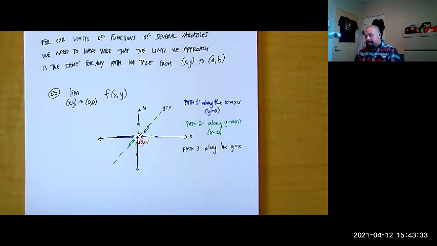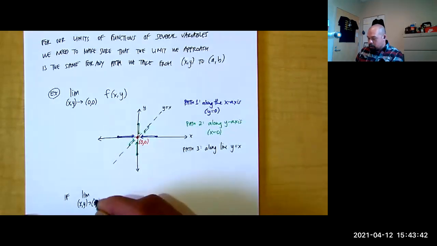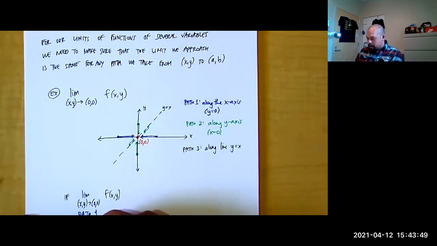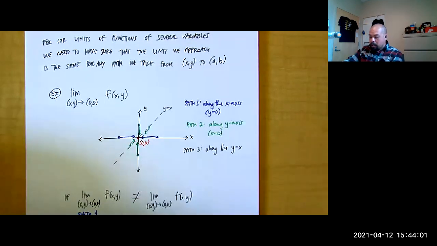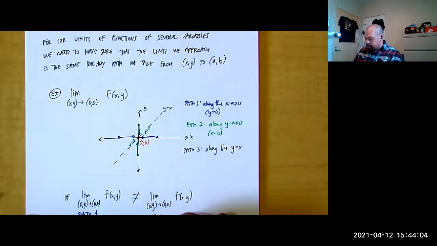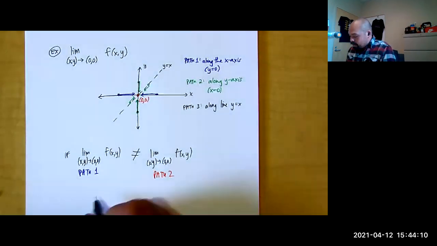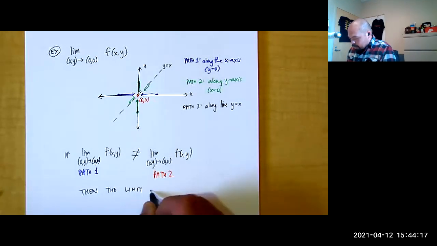So in this case, the comment is that if the limit as xy approaches 0, 0 for a function along path 1 doesn't equal the limit as xy approaches 0, 0 for the function along path 2, path 3, whatever it might be, if those don't match, regardless of the path I take, then the limit does not exist.